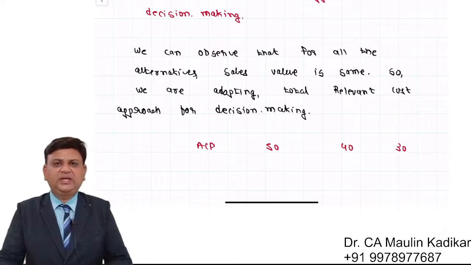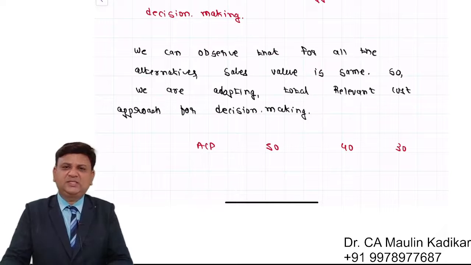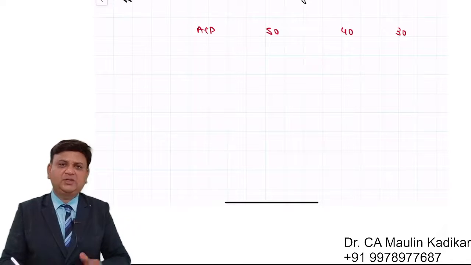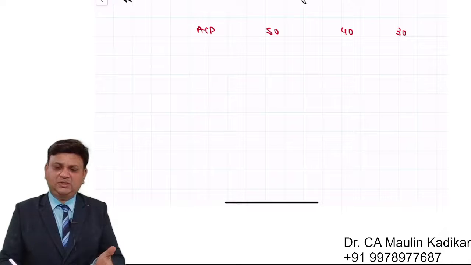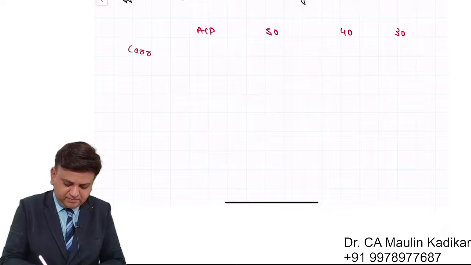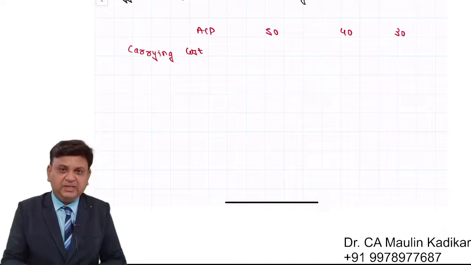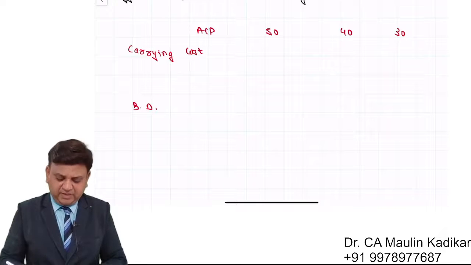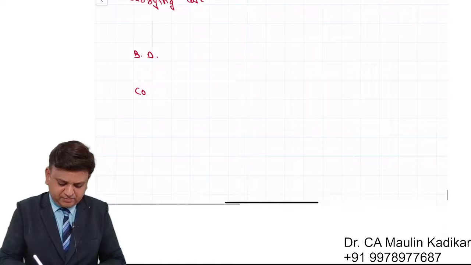Friends, over here, in case of the total relevant cost approach, the answer is supposed to be done in a very simple way. What we have to do is calculate the costs, like the carrying cost, then the bad debts, and then the collection cost.